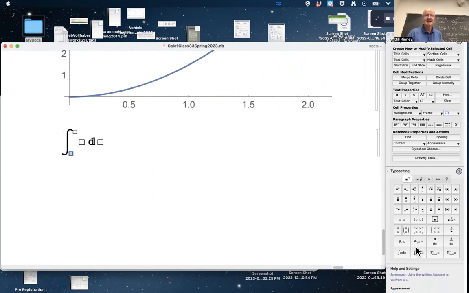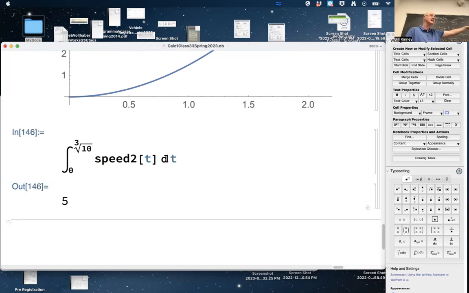I use this button here that's got a lower limit of integration, that's starting time 0, and an upper limit of integration, the ending time cube root of 10. I integrate the speed. This looks just like indefinite integrals, except you got these numbers on the top and the bottom. This is going to give me the area under the curve, and it should equal 5. Yay.